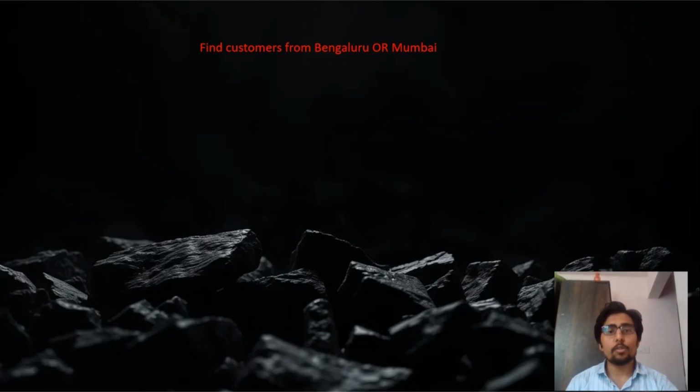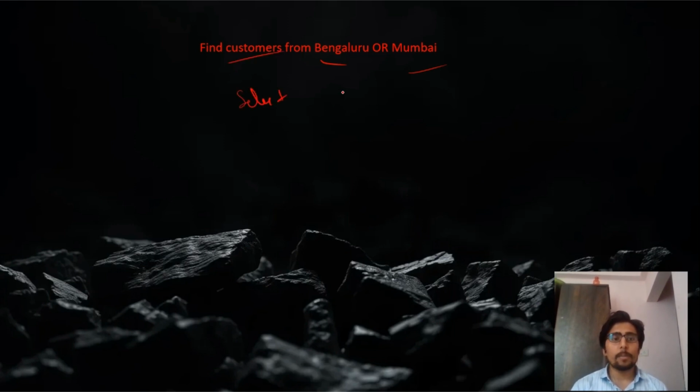So now let's do one question. With the help of the question, we'll try to understand so that it will be clearer. Again, I have taken the example Bengaluru, Mumbai, as I told. So find customers from Bengaluru or Mumbai. We can again do the same thing. We'll select all the records from, let's say we have a customer table, customer, right? And where, what they are telling is both, right? Bengaluru or Mumbai.